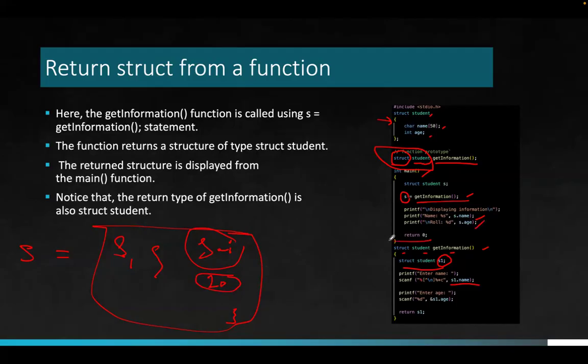And at the end, it's return 0 because the return type of the function is integer. So this is how we can return a structure from a function as well. So you can accept a structure while executing the function, or once it is executed, you can return a structure from the function.